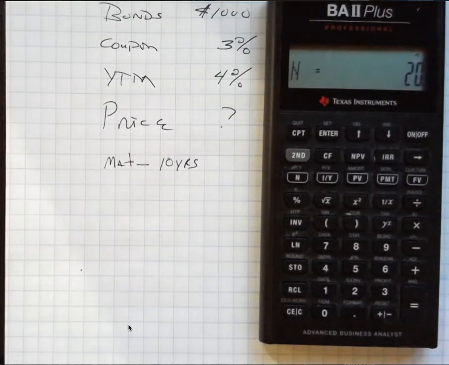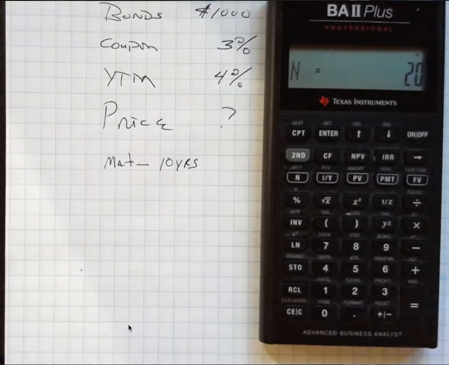Now, I got my future value, that $1,000. Now I'm going to have to determine the present value of the annuity. I'm getting 3% times 1,000, which is $30. But I'm not going to get $30, I'm going to get half of that every 6 months.